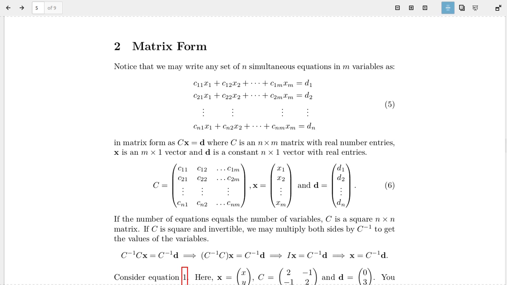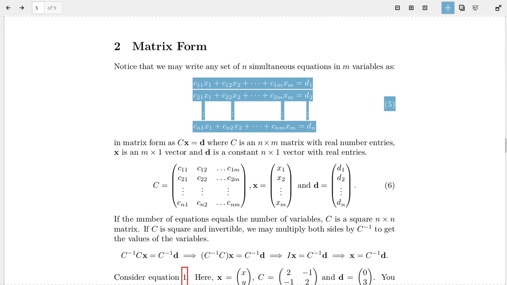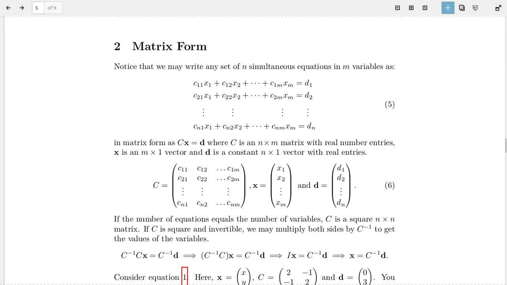Now, notice that the c's are known as the coefficients in the equation. I can represent this set of equations as equation 5 in matrix form, Cx equals D, where C is an n by m matrix with real number entries.